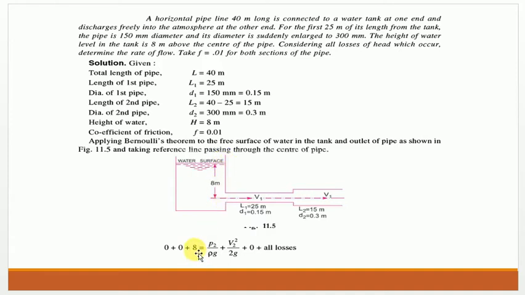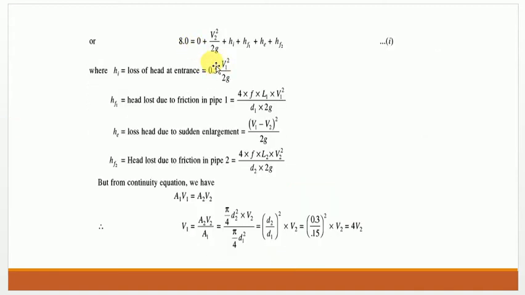Then P2 by rho g is unknown, V2 square by 2g is also unknown, and Z2 is 0 because the outlet is at the datum reference line. So the equation simplifies to 8 equals 0 plus V2 square by 2g plus all head losses.